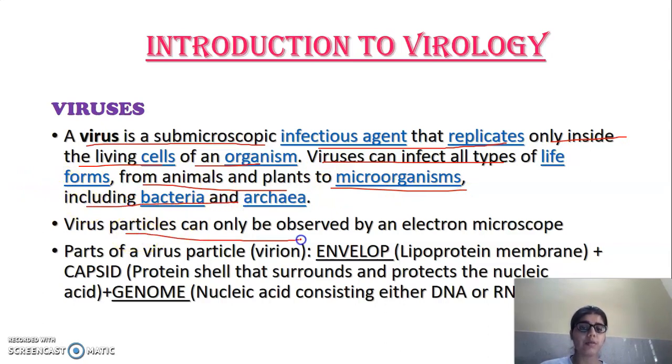Virus particles can only be observed by an electron microscope. Parts of a virus or virion are the envelope, that is a lipoprotein membrane, the capsid, that is a protein shell that surrounds and protects the nucleic acid of the virus, and the genome, that is either RNA or DNA.